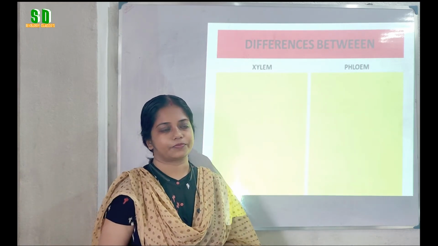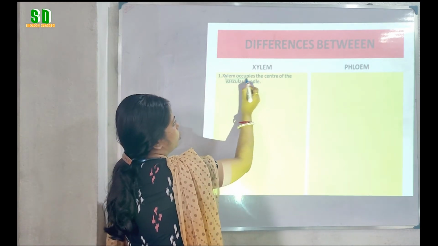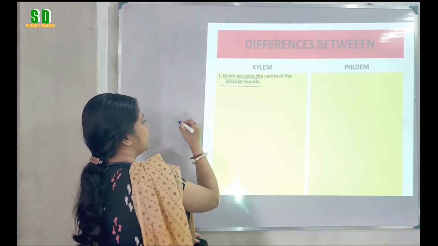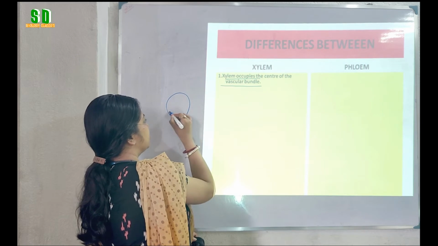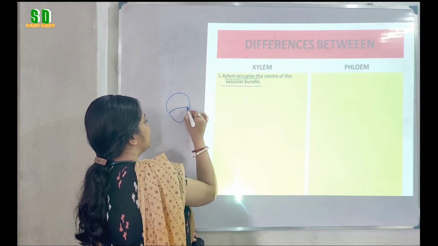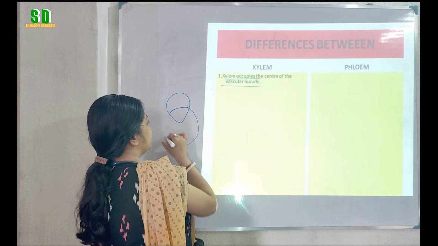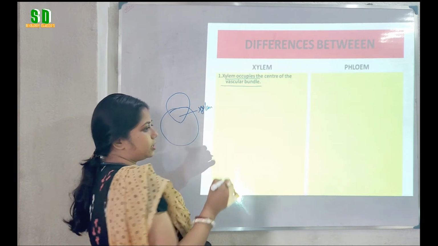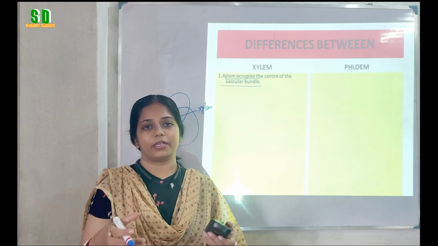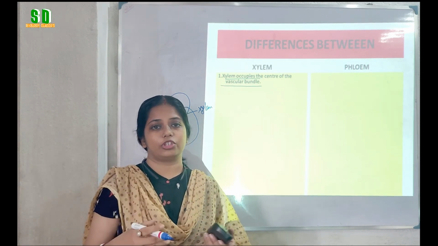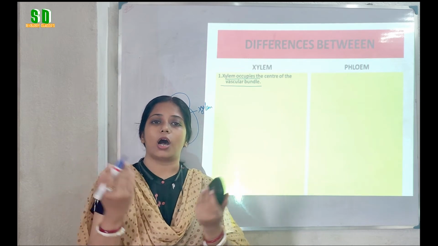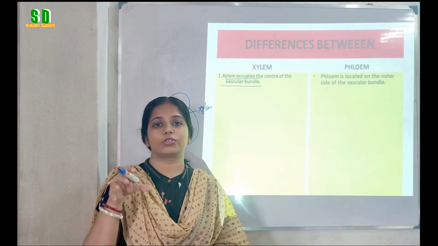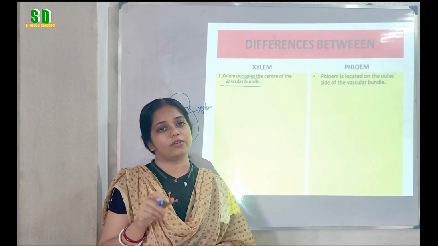So let's see. First of all, the xylem tissue occupies the center of the vascular bundle. We have learnt that they make the vascular bundle, and in the vascular bundle the xylem is present at the center part. That means if we see a plant body, mainly the stem region, we can see that on the outer surface the phloem tissues are present, whereas the xylem tissue is present at the center part of the vascular bundle.